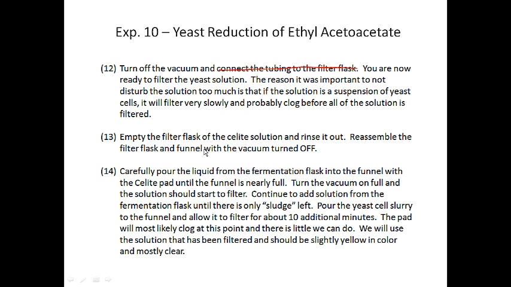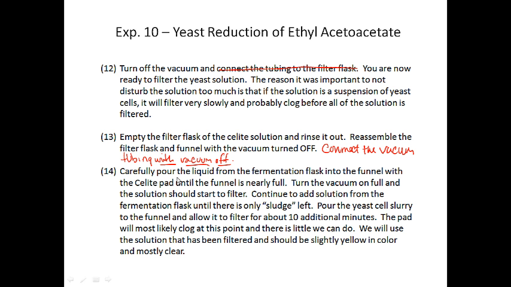Then reassemble the filter flask with the vacuum turned off, and go ahead and connect the vacuum tubing, with the vacuum off at this point. So if you connect it up here, then you have to disconnect it to throw the solution out and rinse it out, but then connect it back up, but keep the vacuum off.